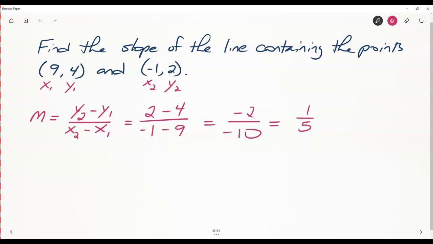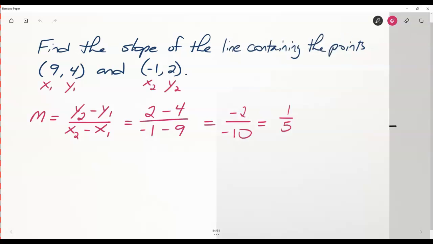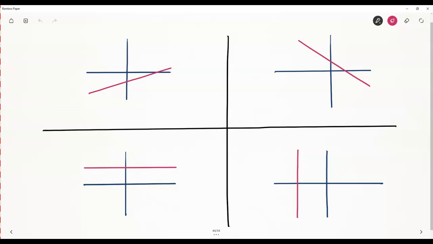Now, what does this tell us? This tells us something about the graph. Because if a slope is positive, then as you read the graph from left to right, the graph is going to be pointing up. So there are 4 cases. And there they are.